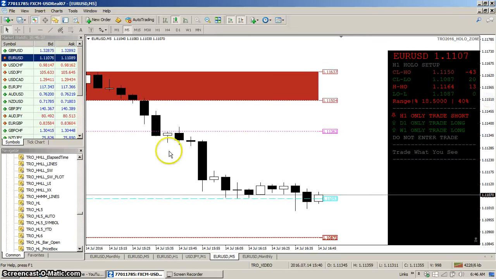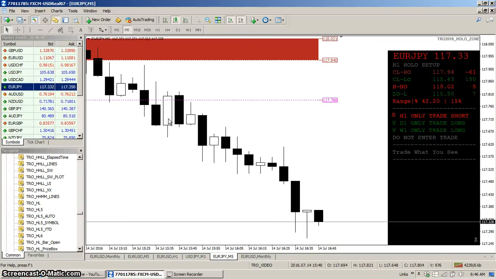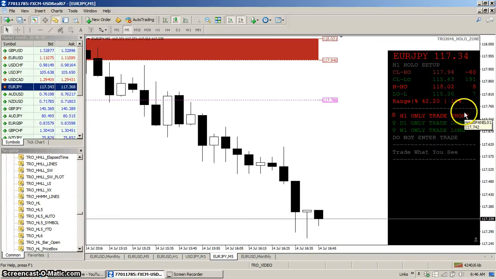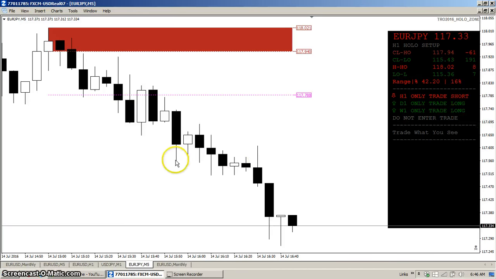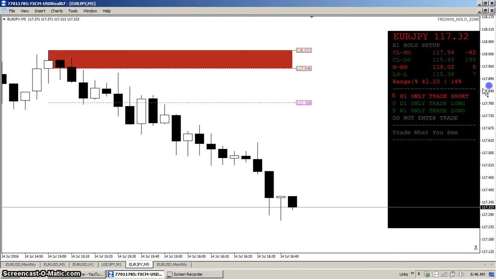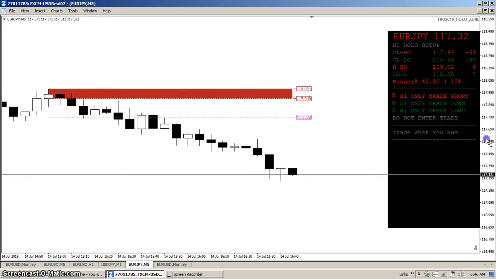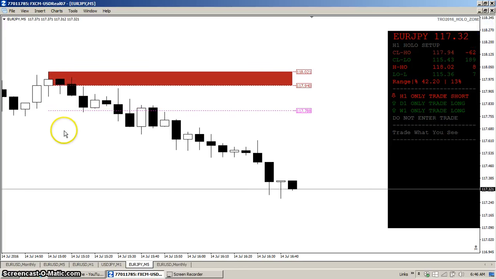We've got the euro. Actually, maybe that doesn't mean it was a down day, because I'm pretty sure the EUR JPY had an update yesterday, so maybe I've got some work to do with the indicator. But you can see here it hit the zone and it's coming back down.